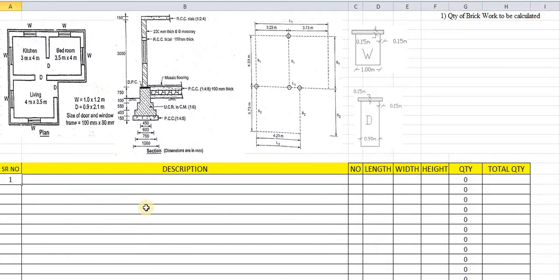So today we will take only one quantity, the quantity of brickwork. Here I am writing down the brickwork.